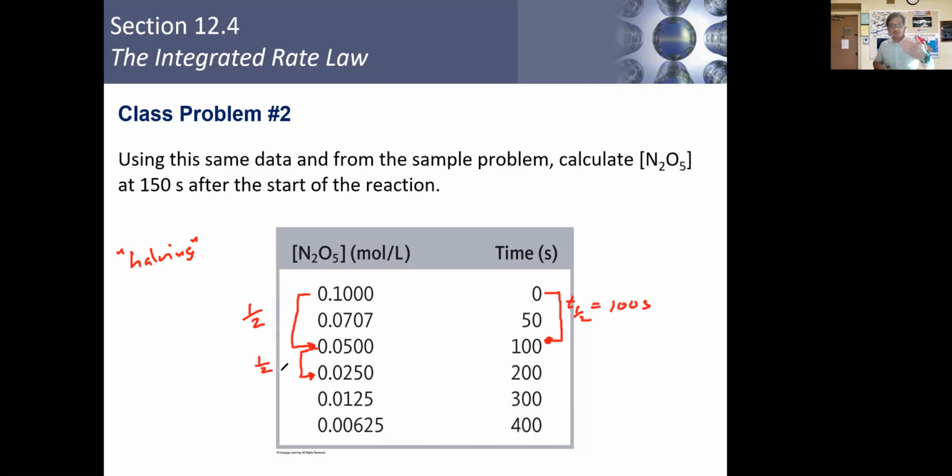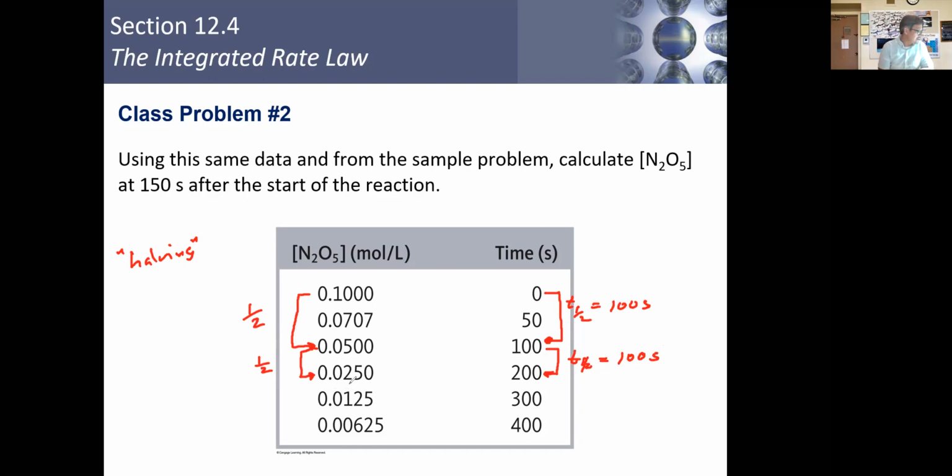We take the initial concentration, determine how much time it takes for that to be reduced in half, and now with what we have left over, how much time does it take for that to be cut in half? The halving of this is also 100 seconds. So in the next 100 seconds, you get another halving event.